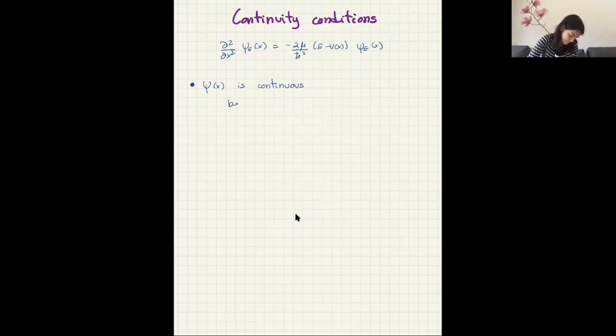Why? Because we want the probability density to behave like a probability density. So we want that for any x1 and x2, this, which is the probability of finding the particle in this interval, the integral between x1 and x2, to behave like a probability distribution.